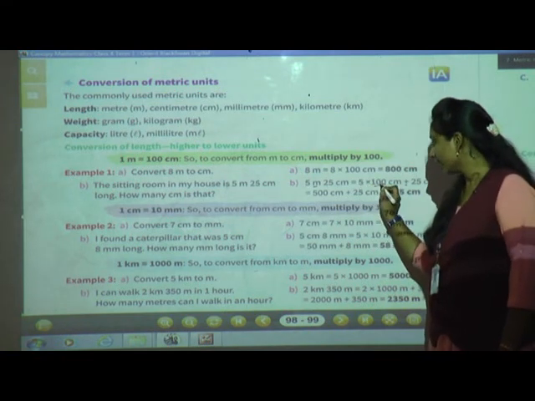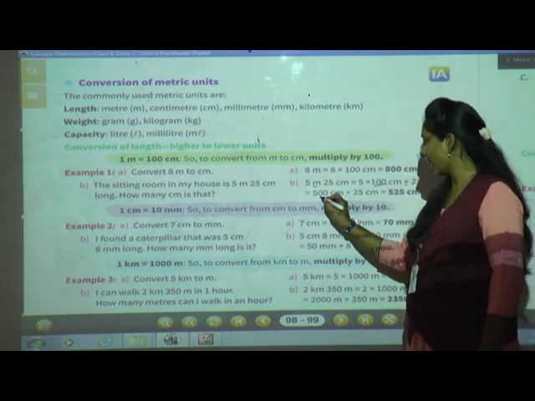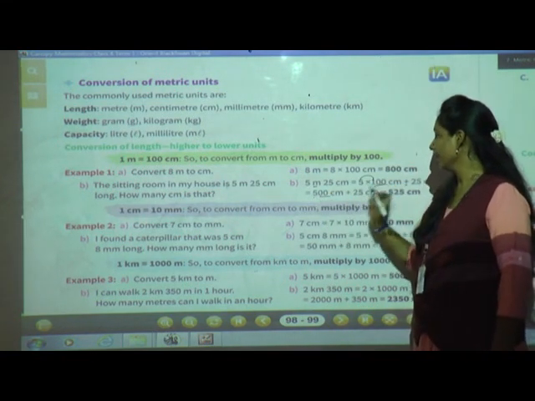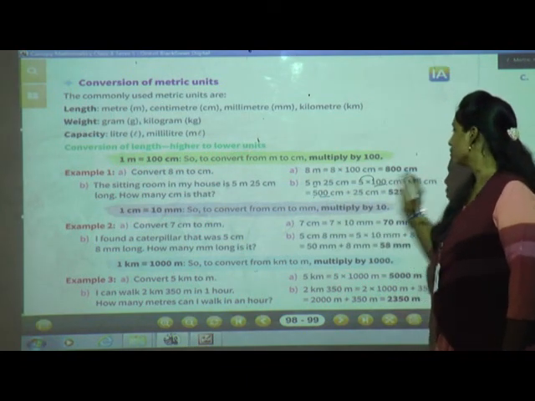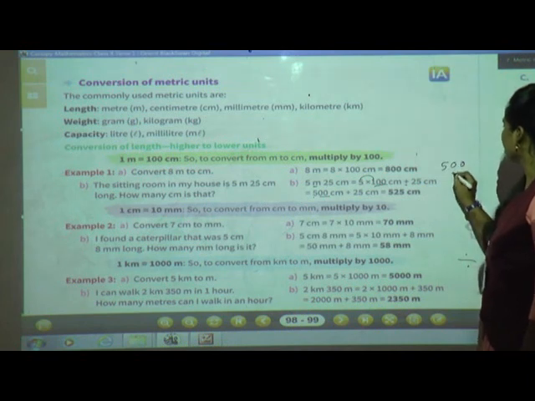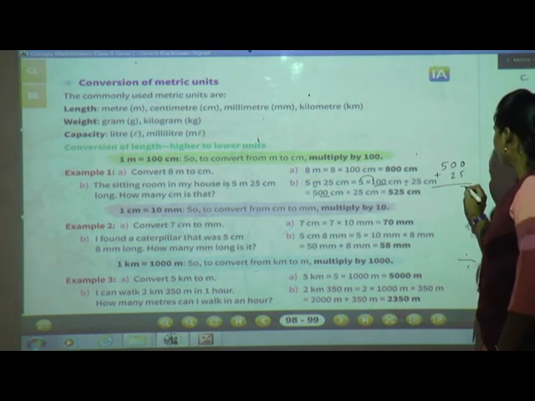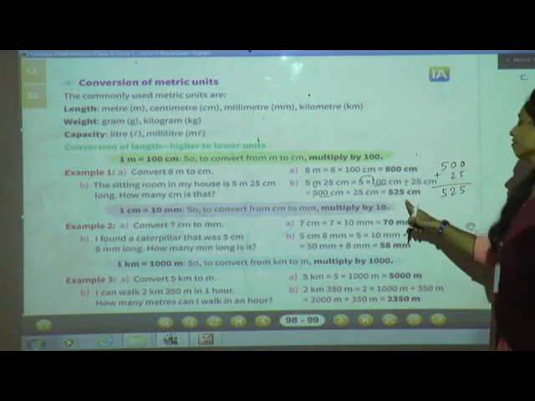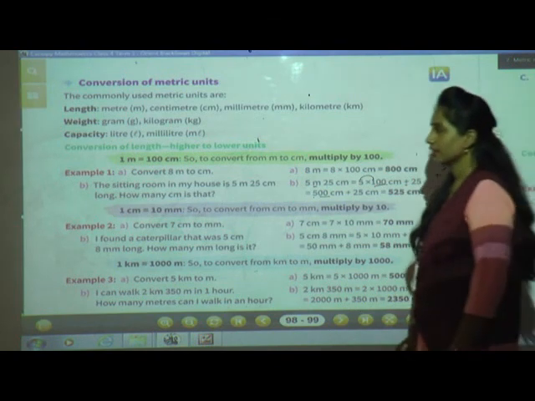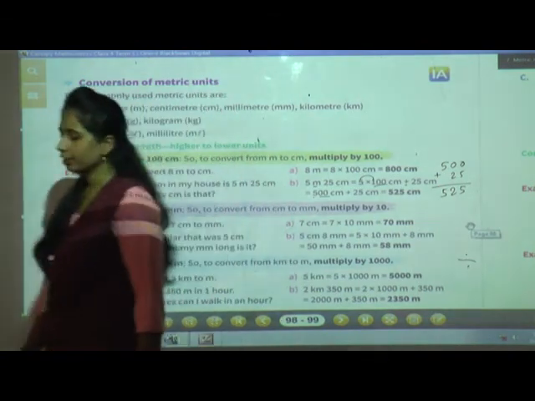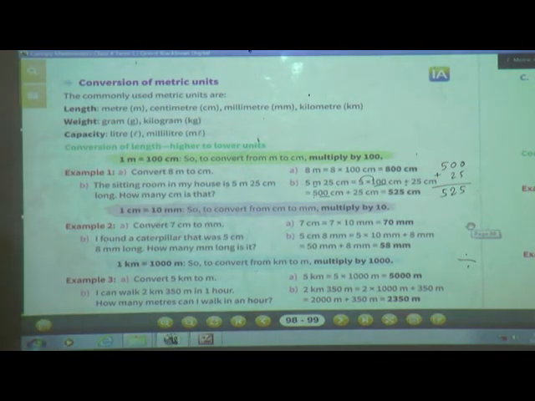Now this multiplication first, 2 zeros as it is, 5 ones are 5. 500 centimeter plus 25. When you add these two numbers, 500 plus 25 is 525 centimeter. Got it? The next, higher to lower conversion. The next point.